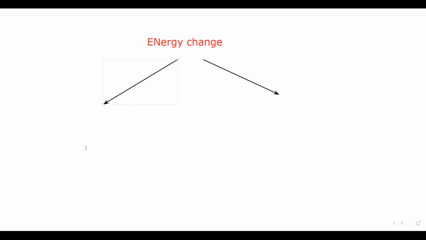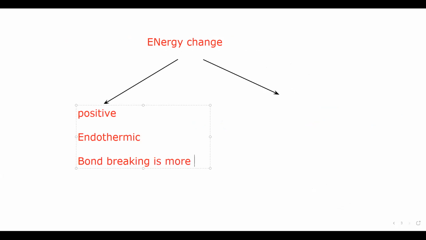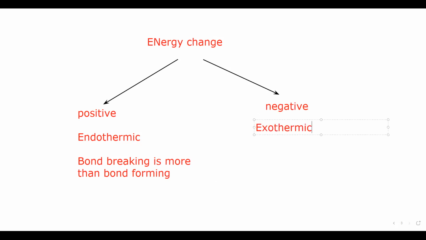If the energy change is positive, it means the reaction is endothermic, and in an endothermic reaction the bond breaking energy is more than bond forming. And if it is negative, the reaction will be exothermic.